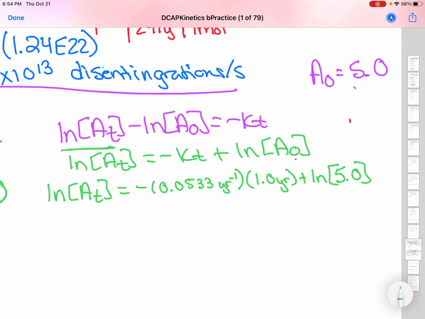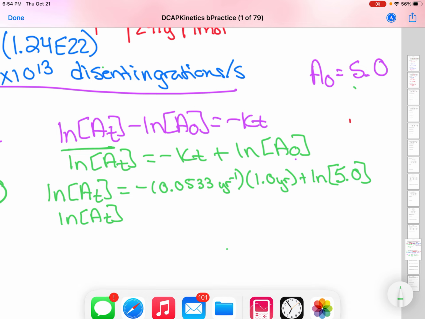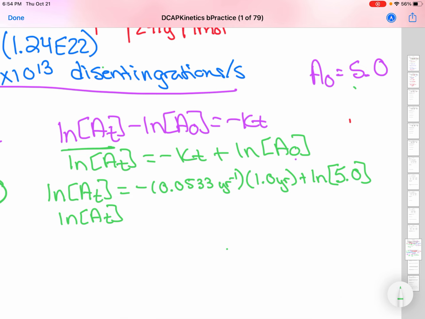So when you put that in, we'll end up with natural log A T equals negative 0.0533 times 1.0 plus natural log 5.0. And I get, for this part here, 1.556.